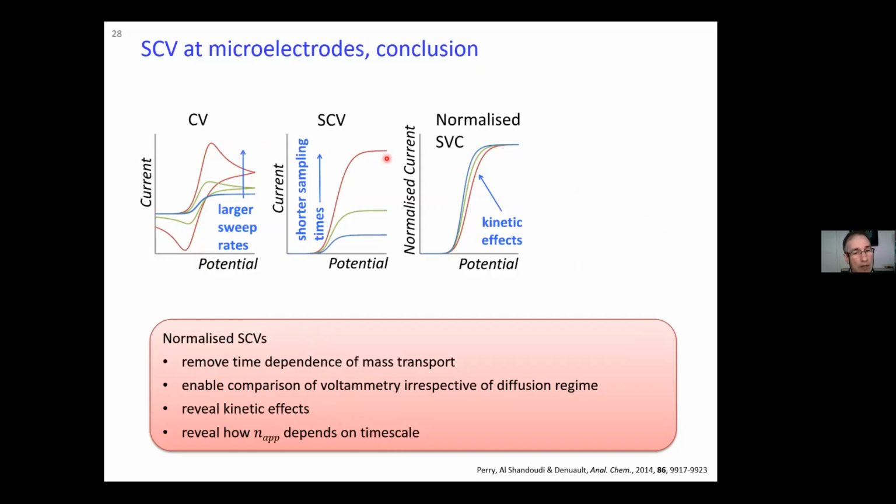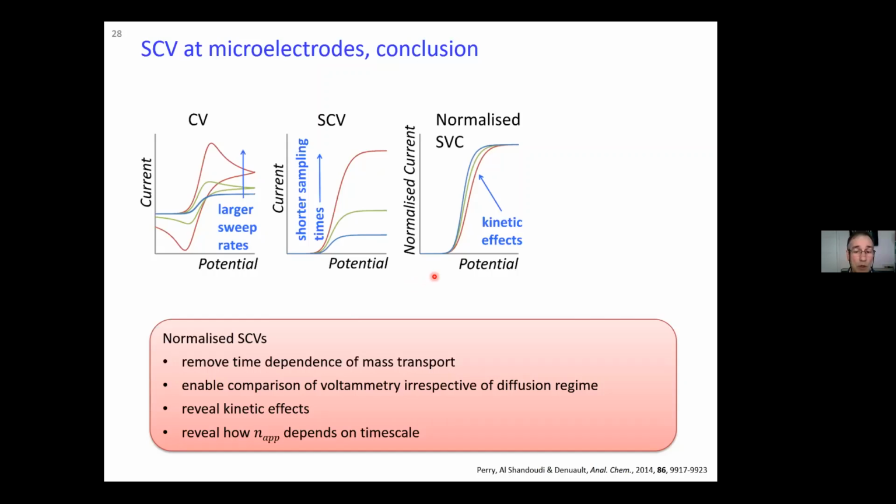When you do sample current voltammetry, the voltammograms all look sigmoidal, and by normalizing them, you can reveal some kinetic effects which were not observable if you perform a conventional cyclic voltammetry. So doing the sample current voltammograms actually removes the time dependence from the mass transport, and it enables the comparison of voltammetries irrespective of the diffusion regime.